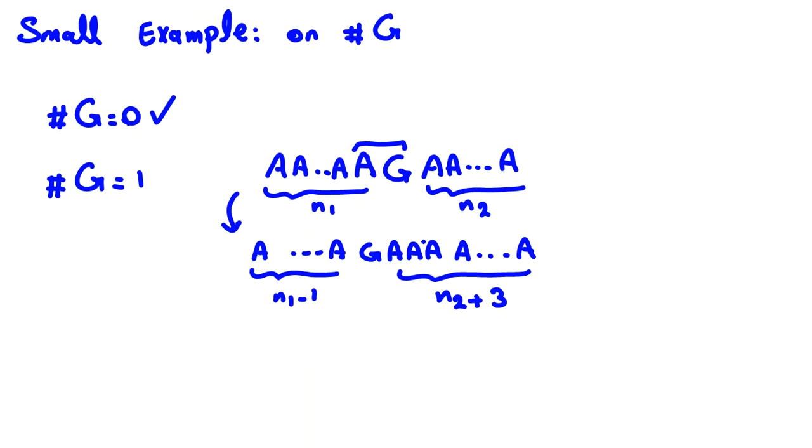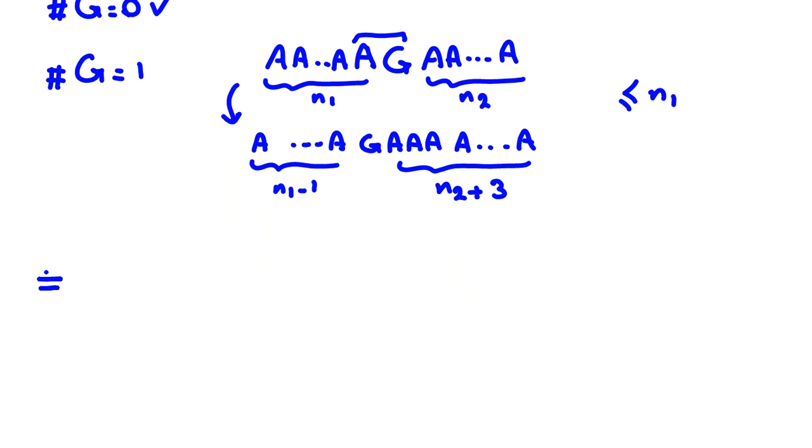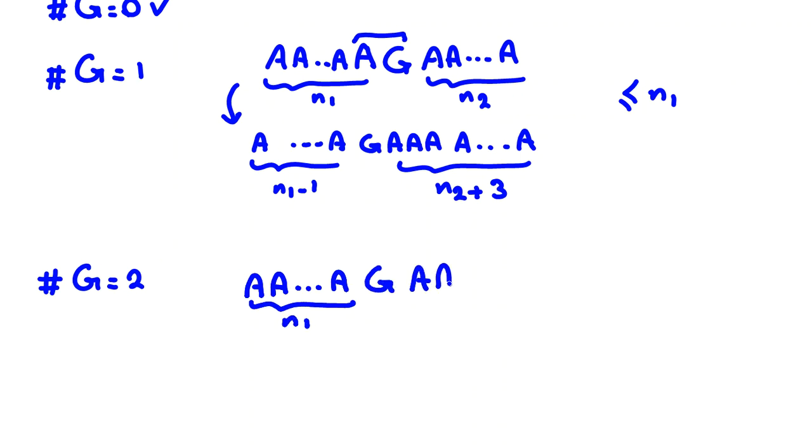So how many times can we apply this operation? Can you tell me at most? Pause the video and find it by yourself in terms of the Ni's. Yes, it is N1, because in each step the number of A's before G will be decreased. Now if the number of G's is equal to 2, and you have, for example, N1 A's before the first G, then after the first G and before the second G, the number of A's is equal to N2.